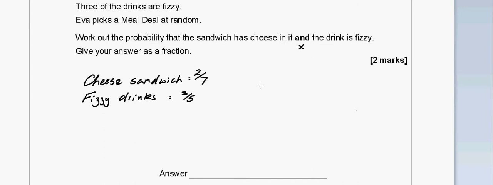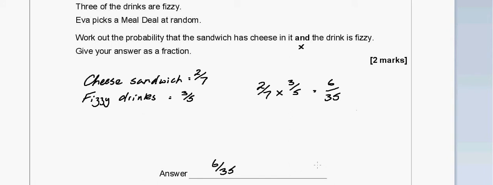So that will be 2 over 7 multiplied by 3 over 5. Okay, which gives us 6 over 35. So the probability is 6 over 35.